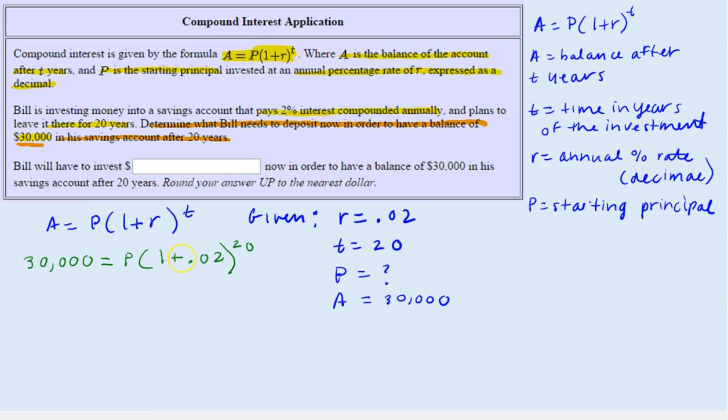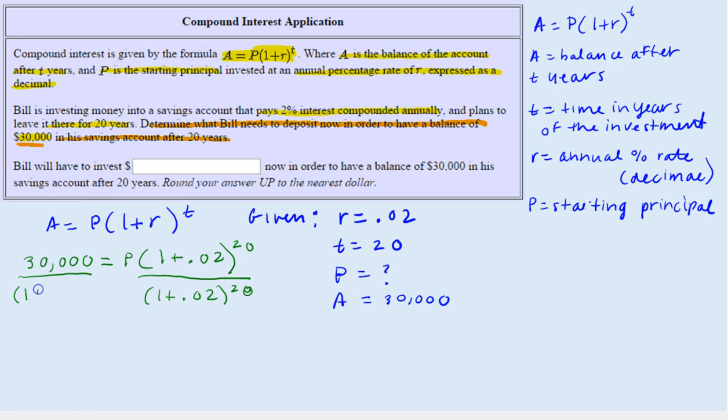We can evaluate this expression first and then divide, but I'm going to recommend, notice this is just P times this whole thing. So that means I could divide by this whole thing, 1 plus 0.02 to the 20th power, whatever this number equals when it's simplified, and I will get P by itself. And that's exactly what we're going to do.